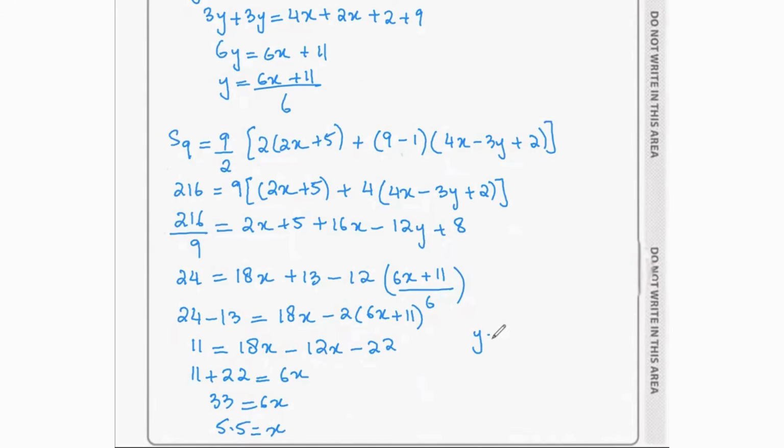And then for y, we just replace x with 5.5. And what we're going to get is 7.3 recurring. So that's your x and y. And this question was for 6 marks.